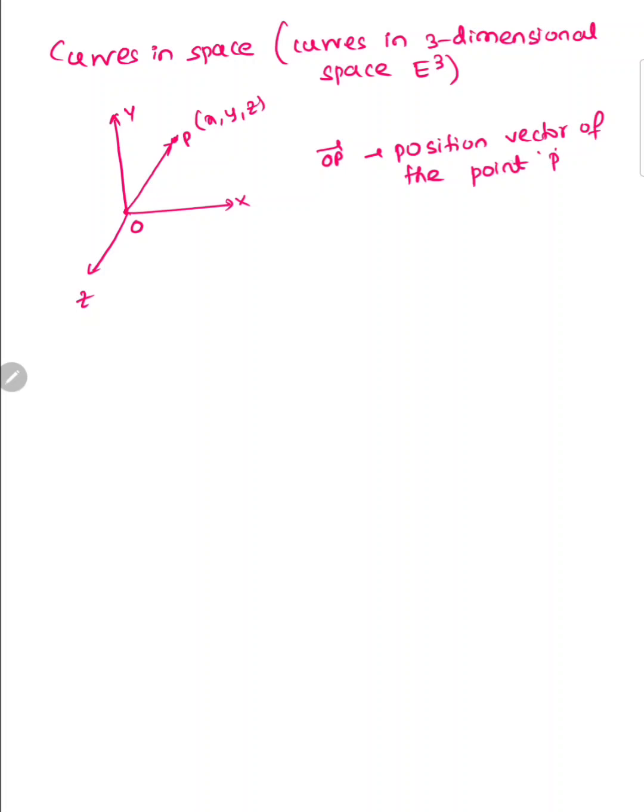So with the help of the position vector, we will know what a curve is. Actually, the position vector tells about the position of the point P from the origin.